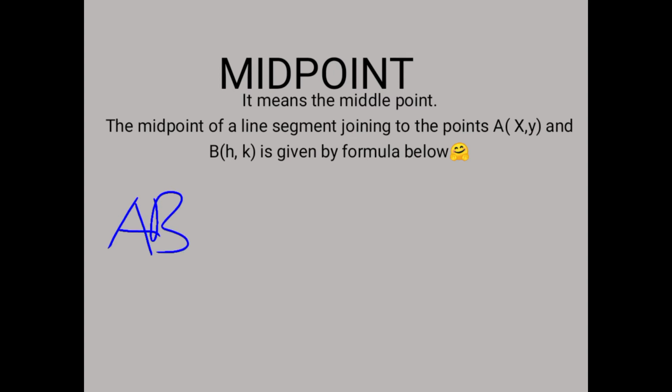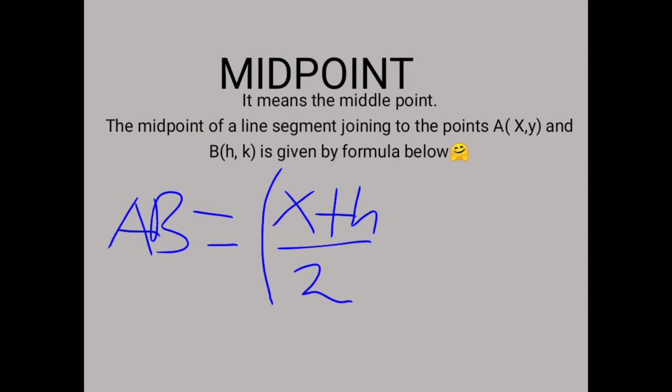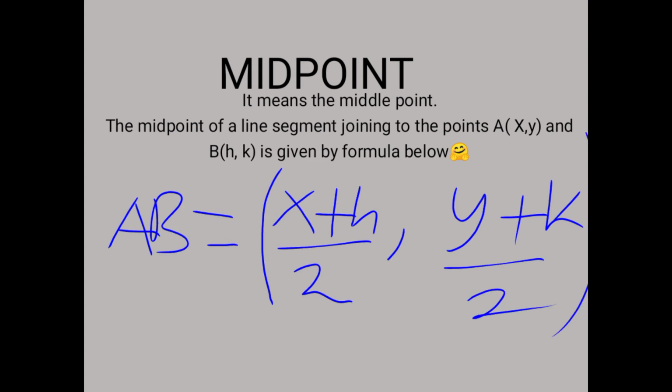You first add the x values and divide it by 2, x plus h over 2, and add the y values and divide by 2, y plus k over 2. Then you simply get the coordinates.